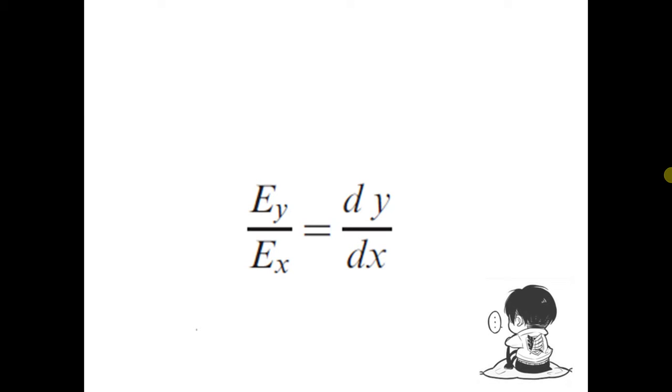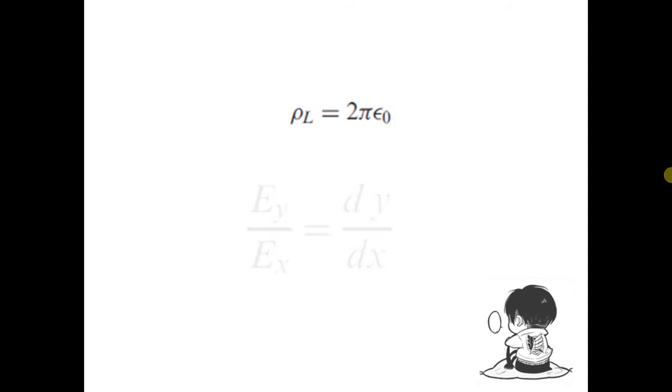As an illustration of this method, consider the field of the uniform line charge with rho L equals 2 pi epsilon. This will make the equation earlier E equals 1 over rho a rho.